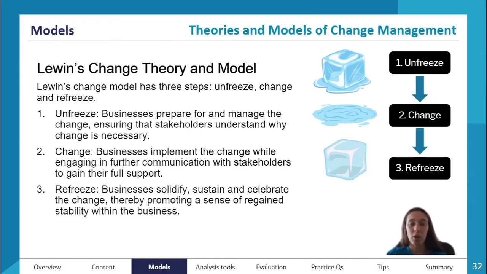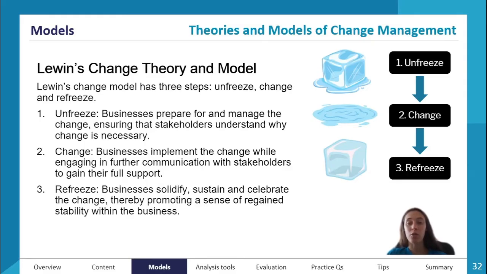So Lewin's change model has 3 steps. We've got unfreeze, change, and refreeze. We can see that in that diagram there as well. So try and remember this by thinking that in order to make the change, the business has to melt down its existing practices, unfreeze before it can change, because you can't change a frozen business.